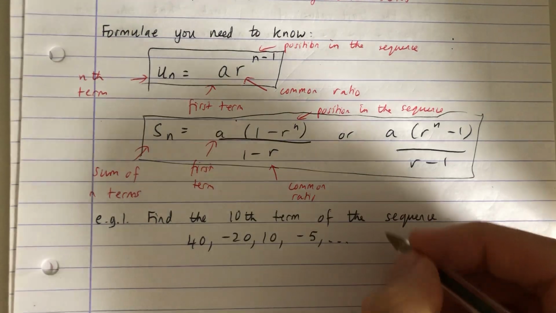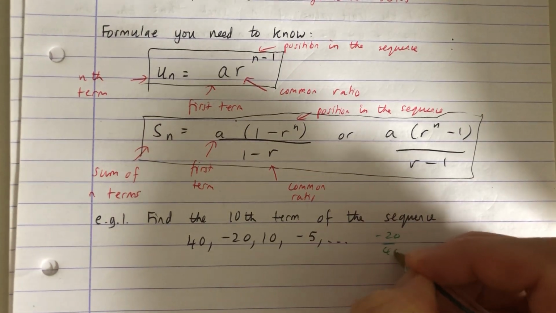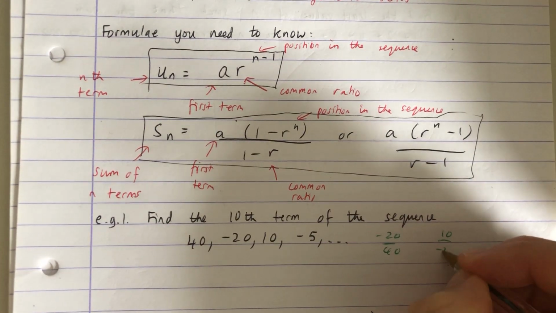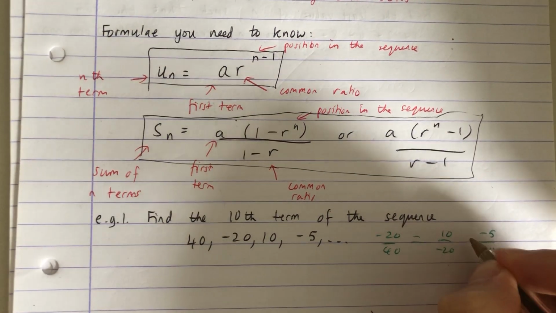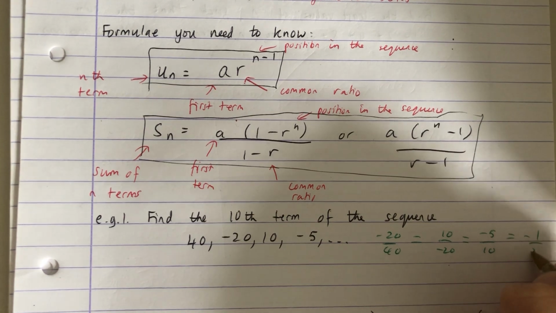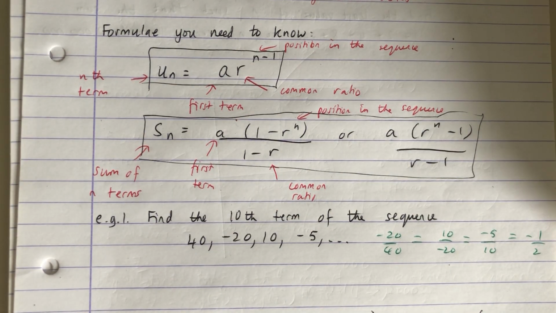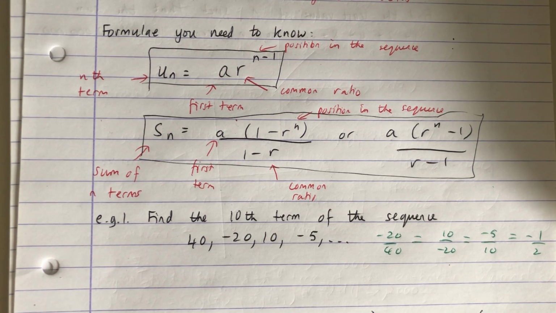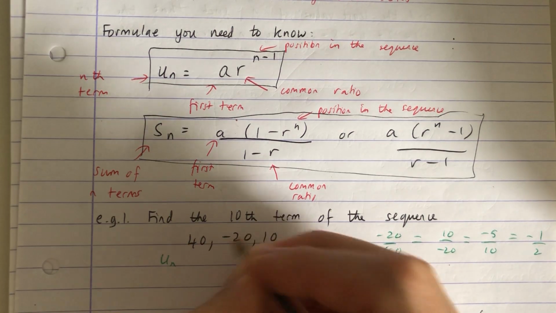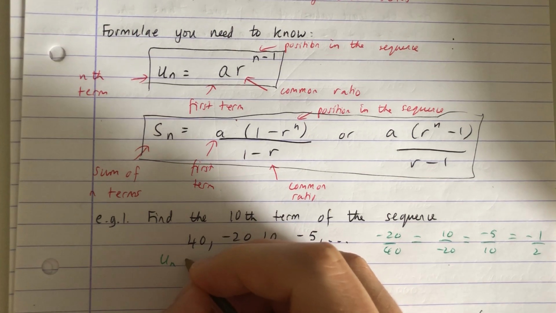And if you took the ratio between consecutive terms, it will always be exactly the same, minus a half or minus 0.5, which means it's a geometric sequence. So then you would state the formula. 10th term, so that's nth term.